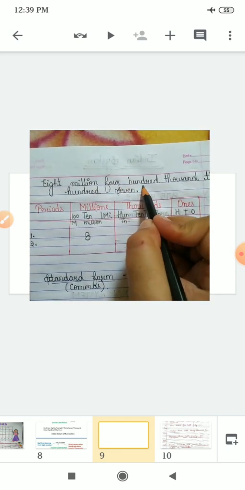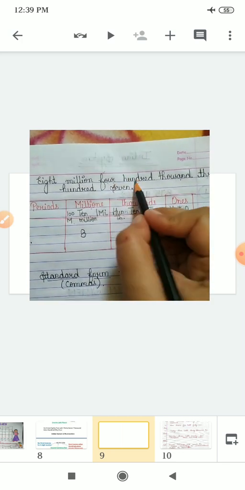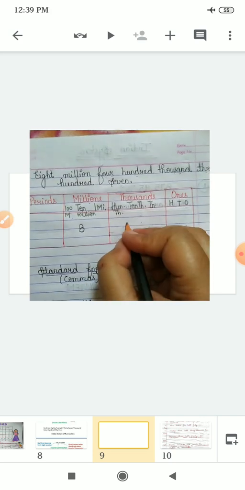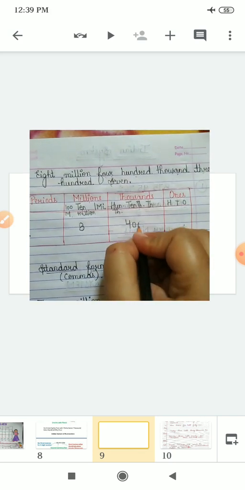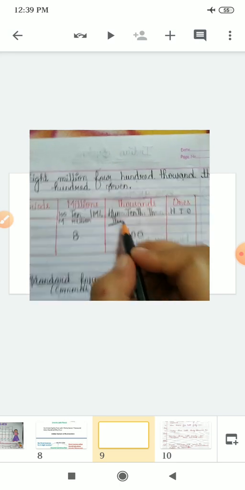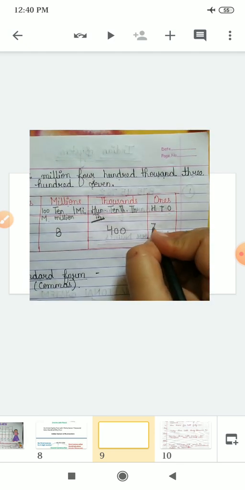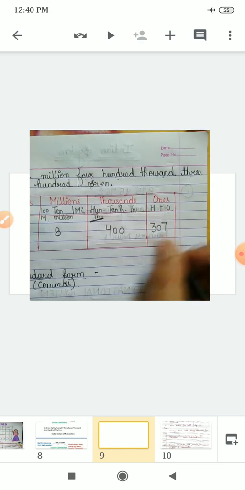So what will be our number? 8,400,307. And where will we put commas? We will put commas in the international system because it is in millions. So we will put a comma after three digits, 1 2 3. One comma will come here, one will come here. Understood? I hope you all have understood.